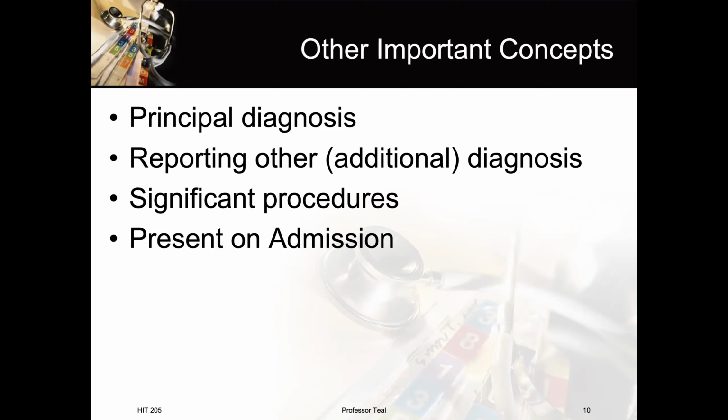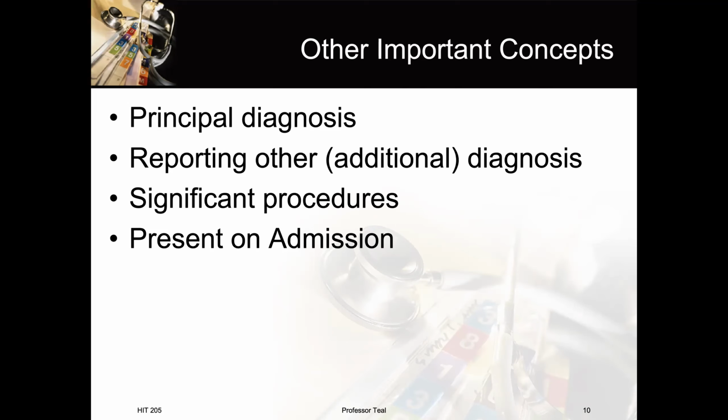The rule of thumb is the procedure that's most closely related to the principal diagnosis and is for therapeutic treatment, that would be your principal. So therapeutic comes before diagnostic, and related to the principal comes before related to secondaries. If you have more than one that fit the criteria, then it's really just a matter of preference. Either one can go first.